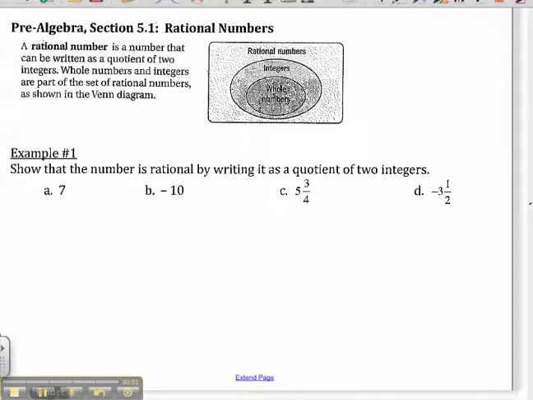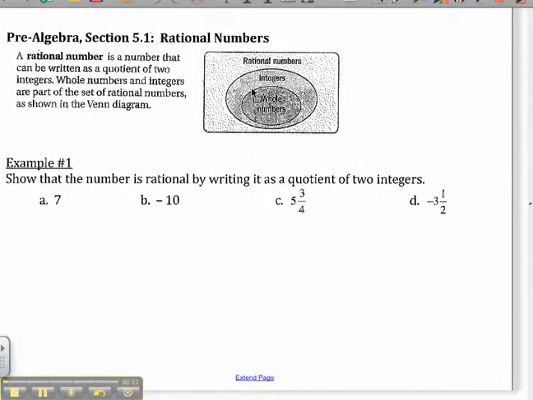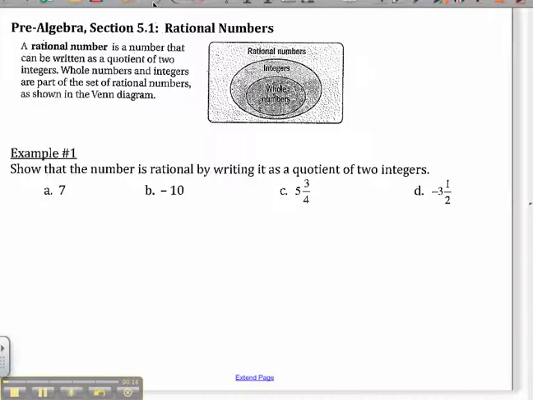Okay, guys, rational numbers. And we've done this 1,000 times, but let's just talk about it for now. This small circle says whole numbers. Whole numbers are 0, 1, 2, 3, dot, dot, dot. Those dots mean it goes on forever and ever.